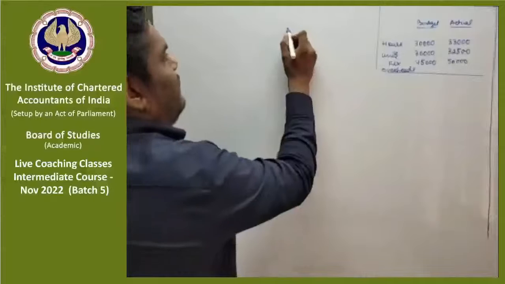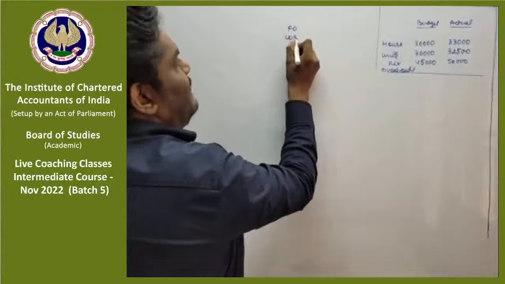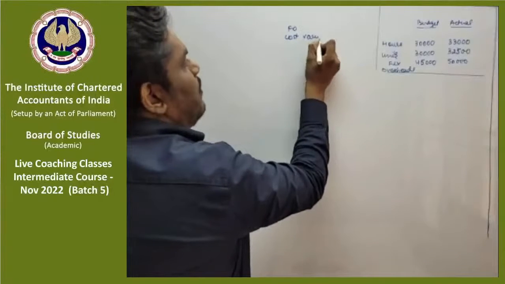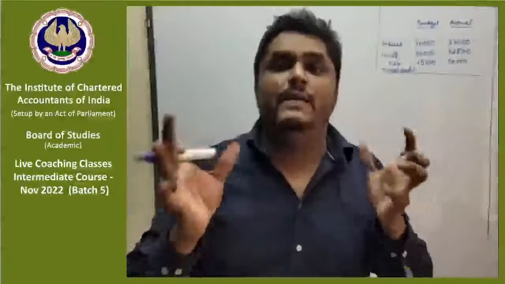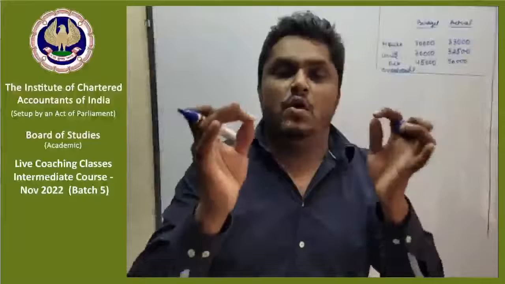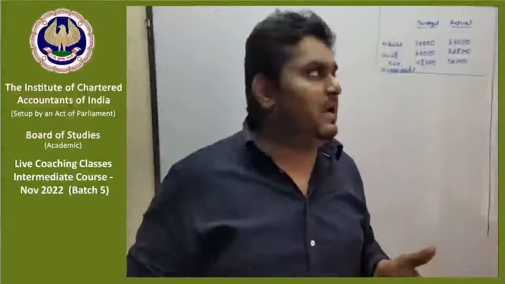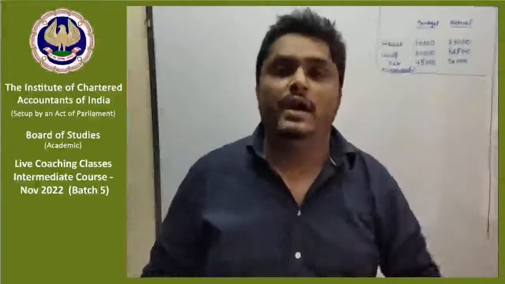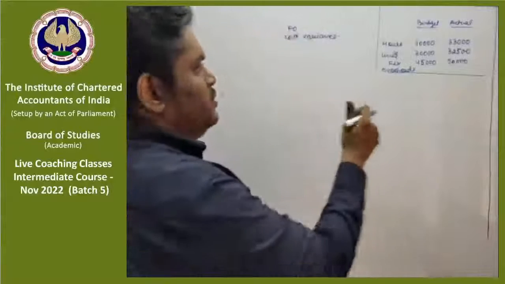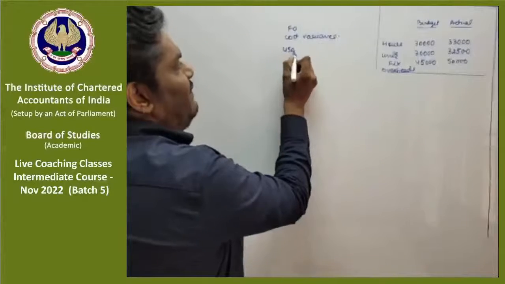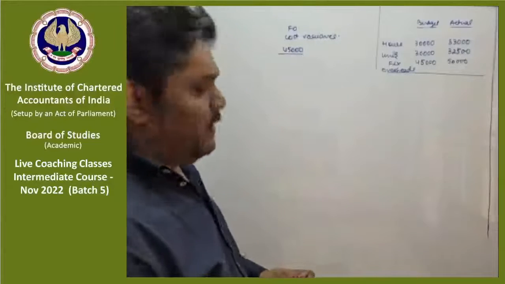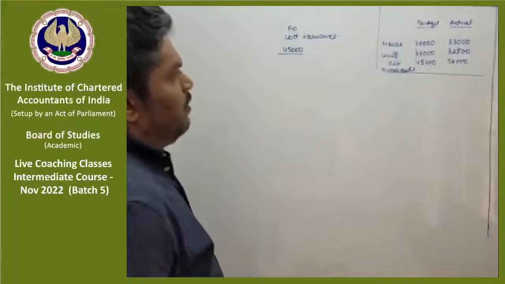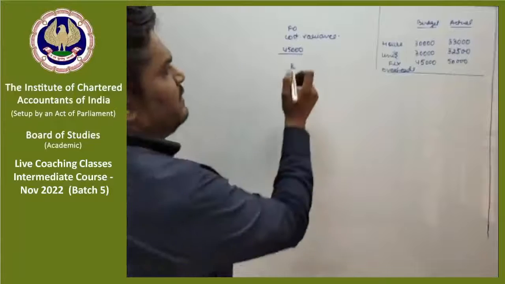So the first part will be fixed overhead cost variance. And this cost variance will remain unchanged, because the days are not impacting the cost variance. So very simple, 45,000 for 30,000 units.